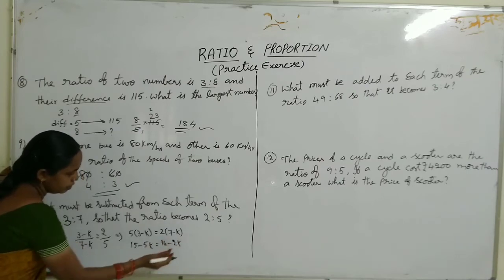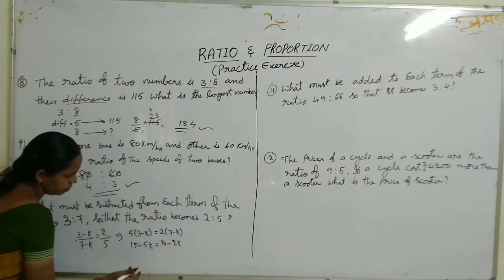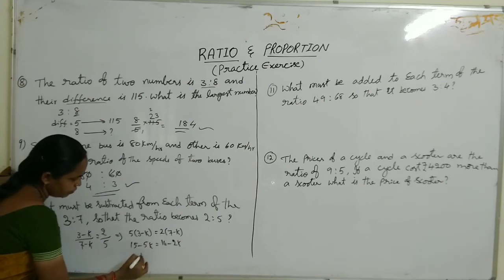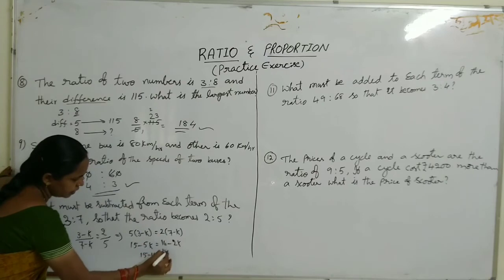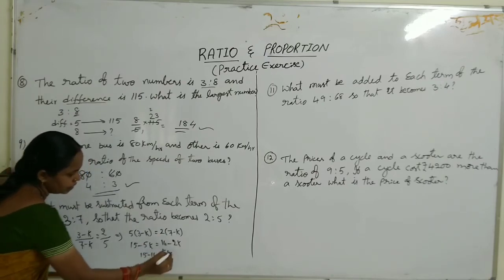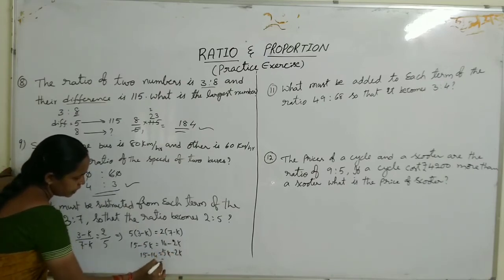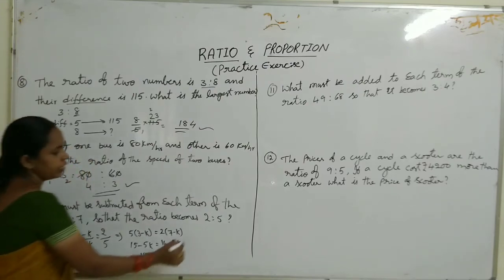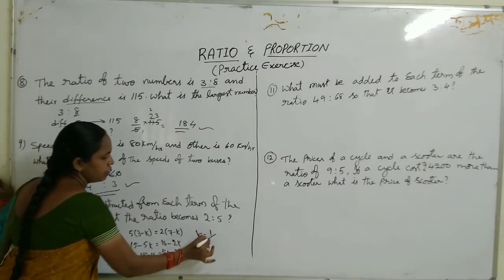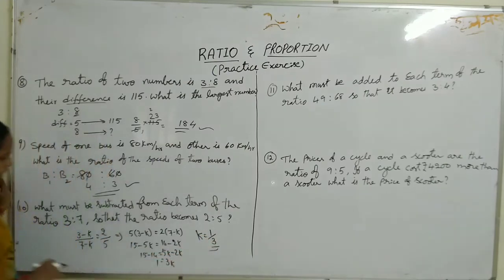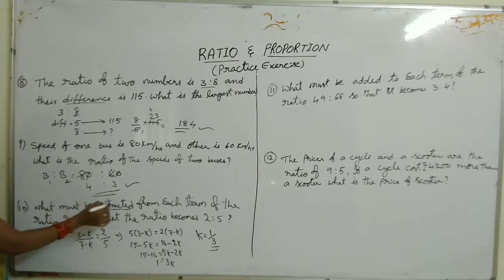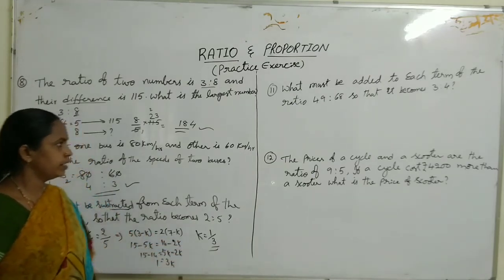If 5k goes to that side and 14 to this side, 15 minus 14 equals 5k minus 2k. That is 3k equals 15 minus 14, which is 1. Then k equals 1/3. k is the subtracted value, so the value to be subtracted is 1/3.